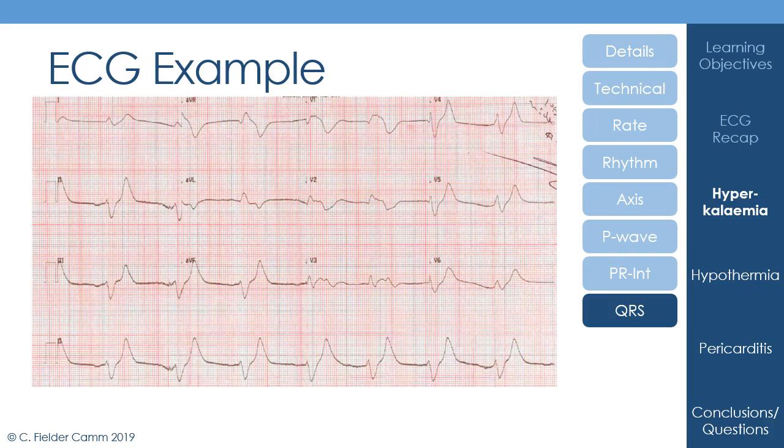Right, the QRS complex is really broad. You're looking at probably in the region of 160 to maybe 200 milliseconds here, particularly if you look at those lateral chest leads. V6 looks very broad. The ST segments themselves don't look particularly abnormal, but these T waves look quite pronounced, don't they?